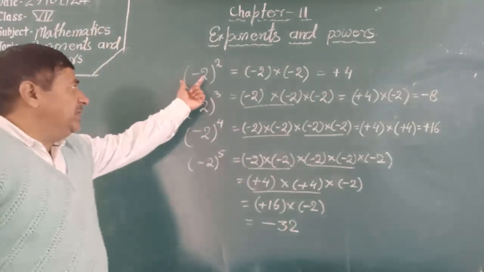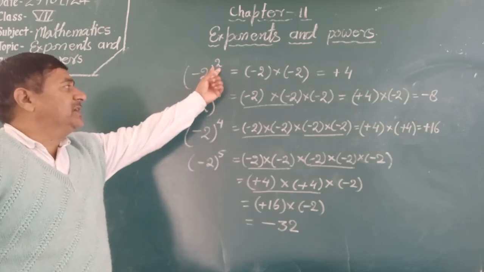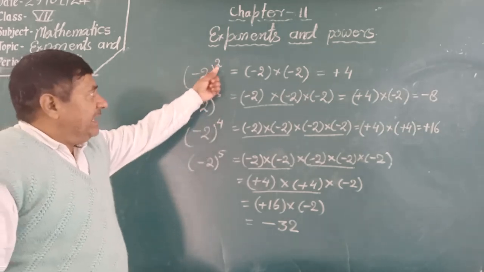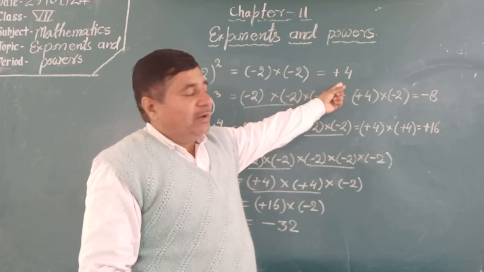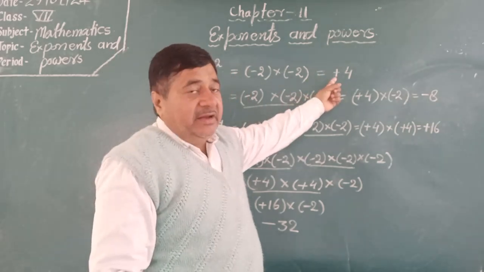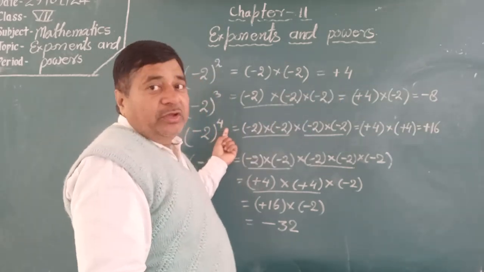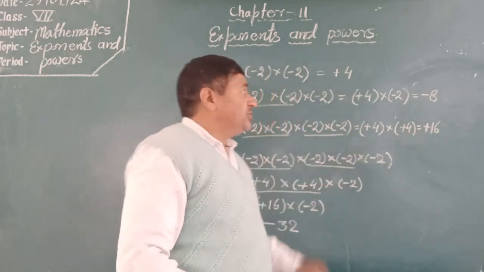If your base is negative and its exponent is an even number, 2, 4, the even numbers, then you obtain a positive value. Here the exponent 2 is even, so you obtain a positive value. Here 4 is also an even exponent, so you obtain a positive value 16.